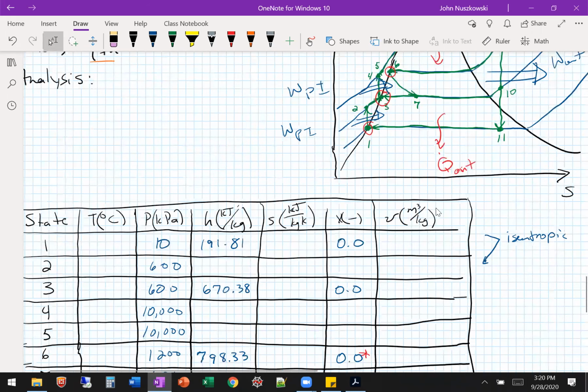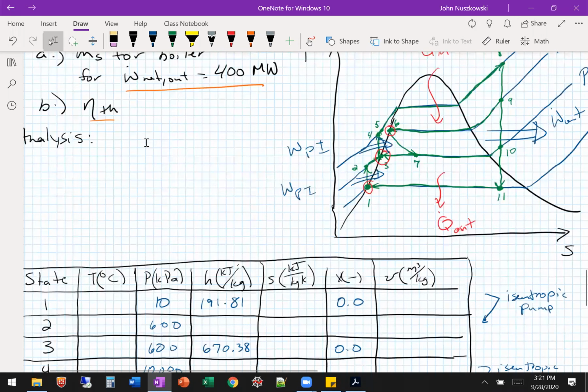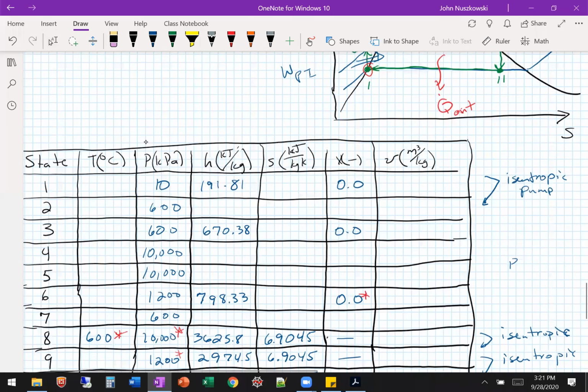Okay, 4 to 5 is isentropic, right? It's a pump, isentropic pump. This is the turbine down here, right? Or no, it wasn't 4 to 5, right? It was 3 to 4. Sorry.